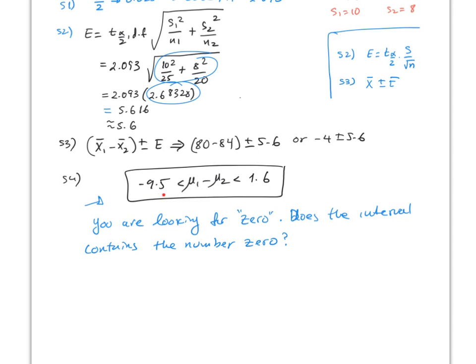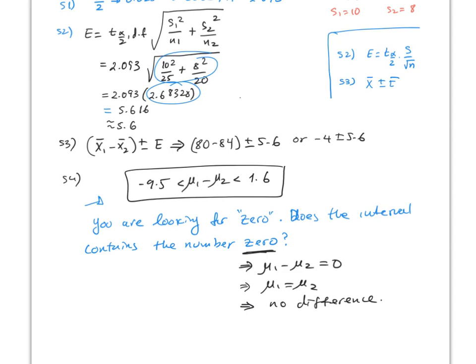So you go from a negative to a positive, you have to go through 0. Why is that important? Because if this is equal to 0, this implies that mu1 minus mu2 is equal to 0, which implies that mu1 is equal to mu2, which implies that there is no difference.